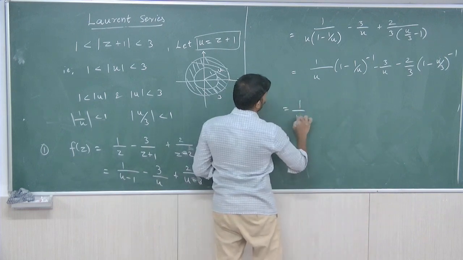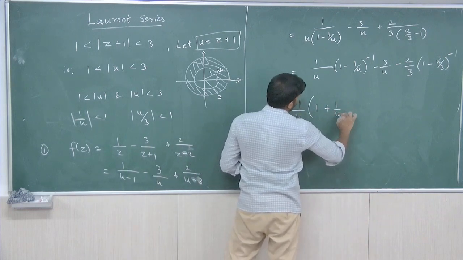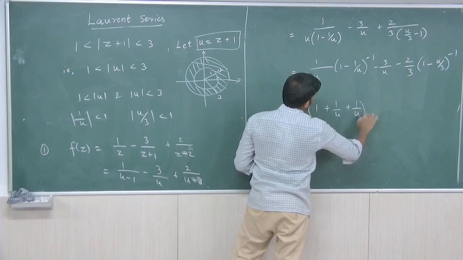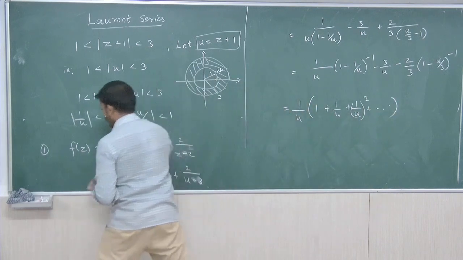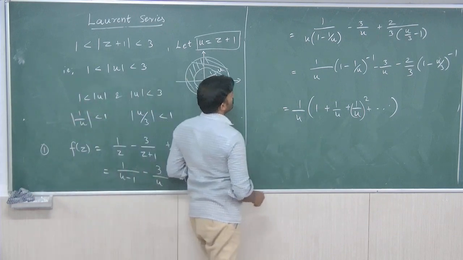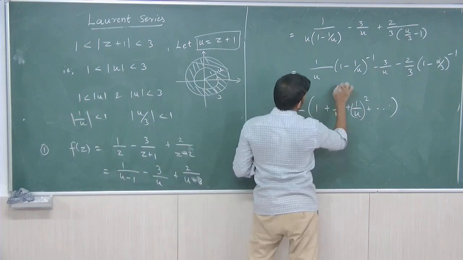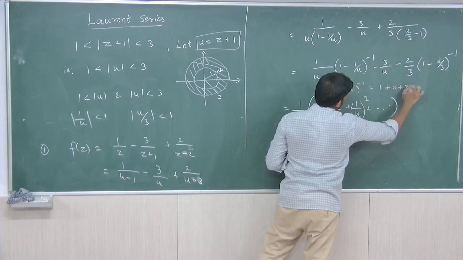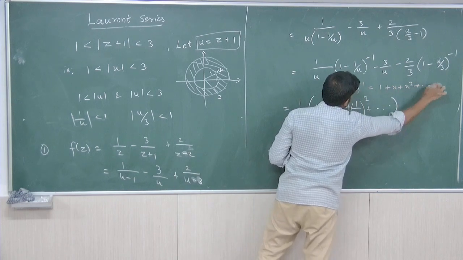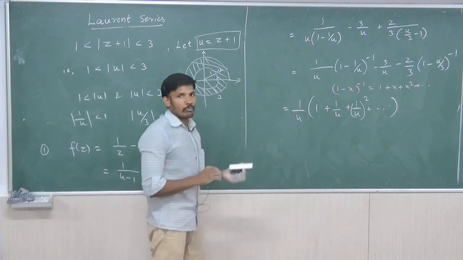So 1 by u into 1 plus 1 by u plus 1 by u whole square and so on. You must know the formula: the expansion for 1 minus x whole power minus 1 is 1 plus x plus x square and so on. So I have applied this formula here.